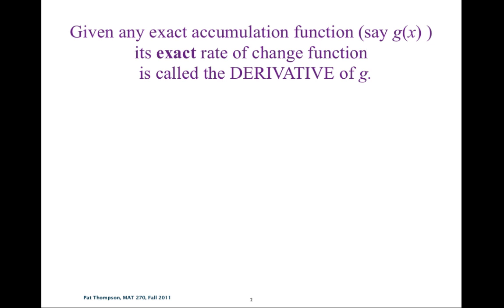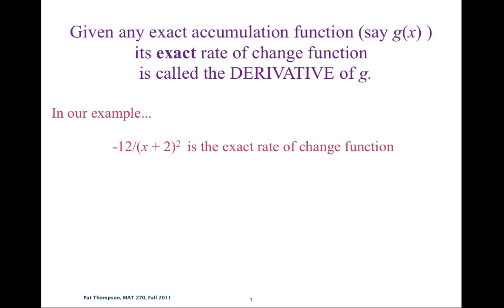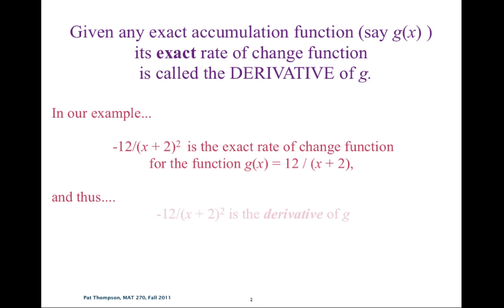So in our example, negative 12 over (x plus 2) squared is the exact rate of change function for g, and so it is the derivative of g.